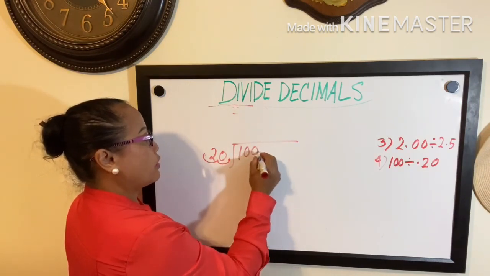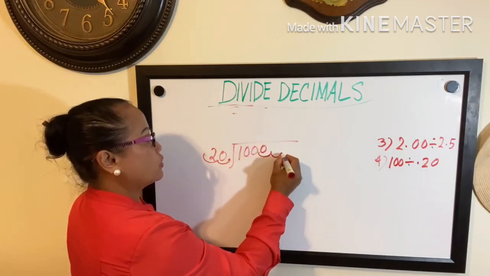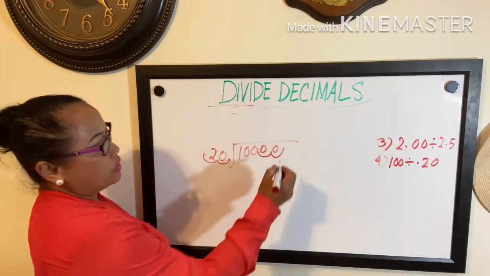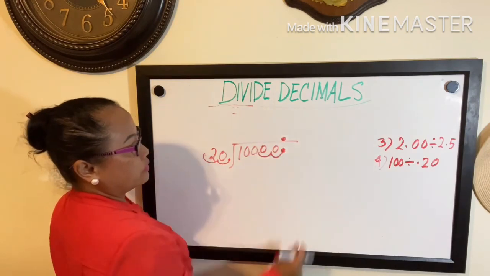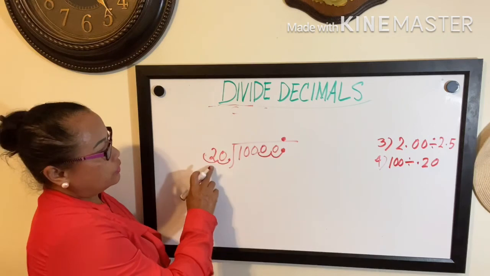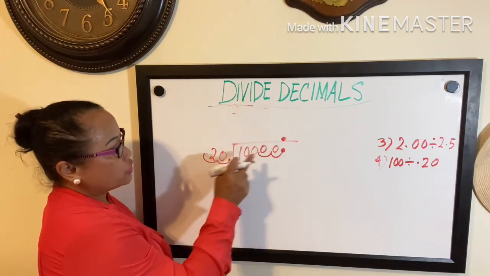Okay. 1. Add 0. 2. Then add 0. So now the decimal, it's here. And then straight in here. Okay. So, how many 20s? So we can rewrite now.